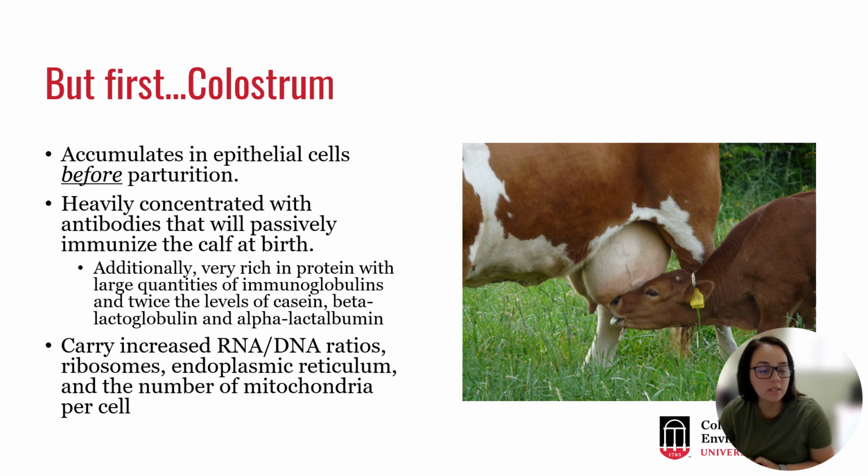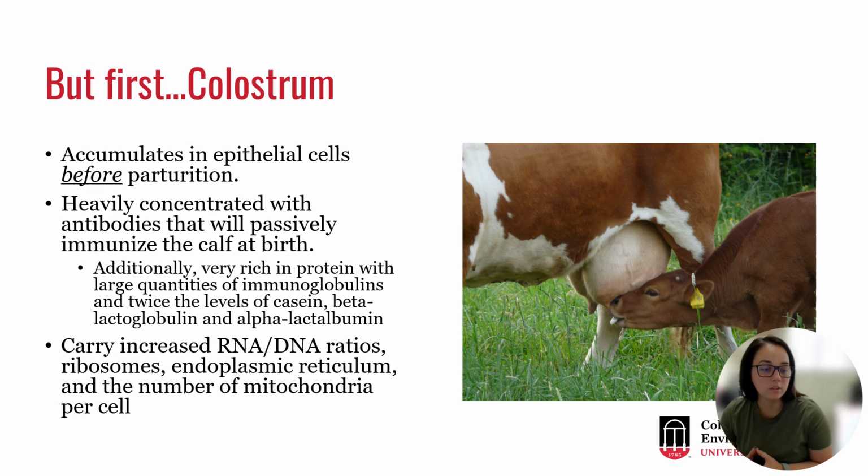As well as the antibodies, colostrum is also very rich in protein and has large quantities of the immunoglobulins and twice the level of the casein, beta-lactoglobulin, and alpha-lactalbumin, which we will see are some proteins, as well as some fats that we're going to talk about.